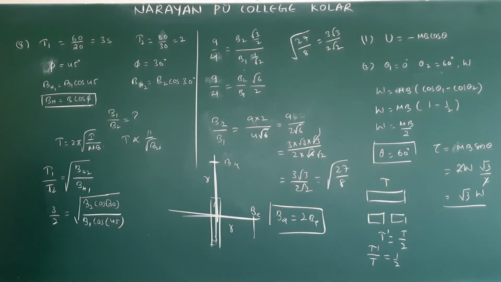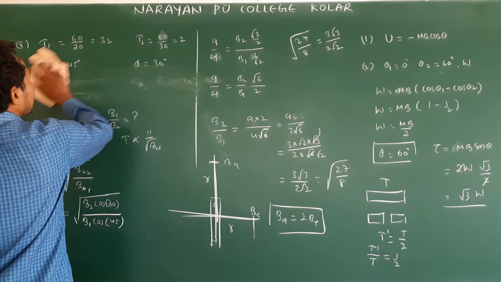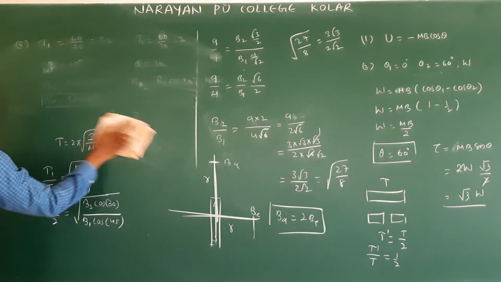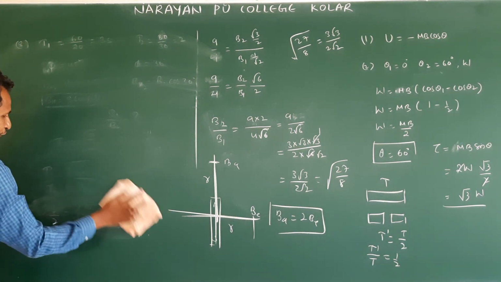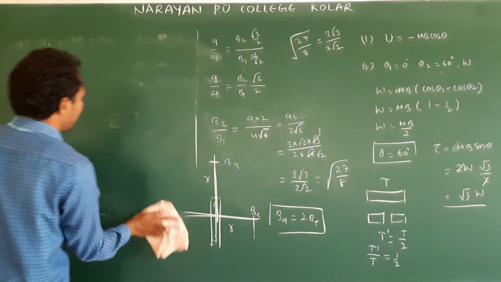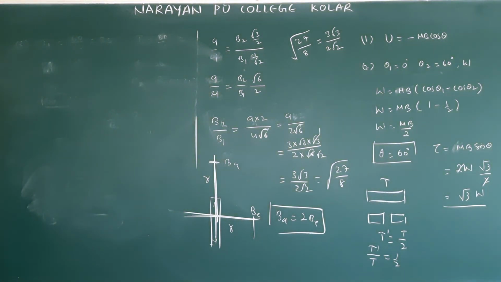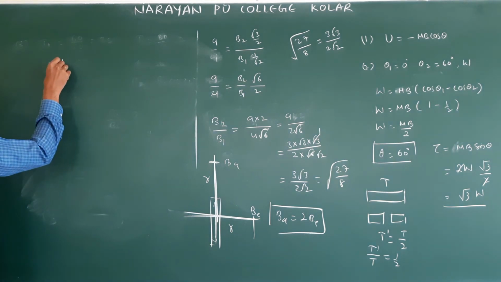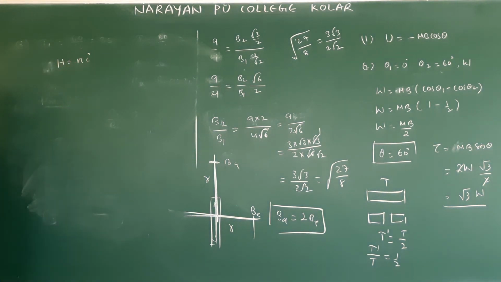So we have seen all these relations. M and H and B: M is magnetization, H is the magnetic intensity, B is the magnetic field. I am just writing formulas, I don't go into explanation. H is what? nI.